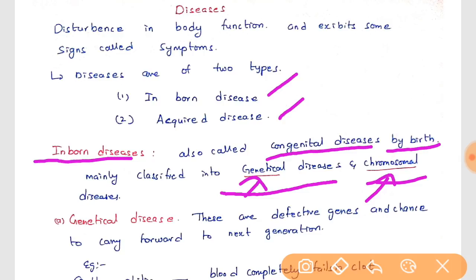If we see genetical disease, these are due to the defective genes and chance to carry forward to our next generation. If father or mother has some defective genes and they are suffering from particular disease due to that genetical disorder, there is a chance for their children to get the same genetical disorder and the same disease.